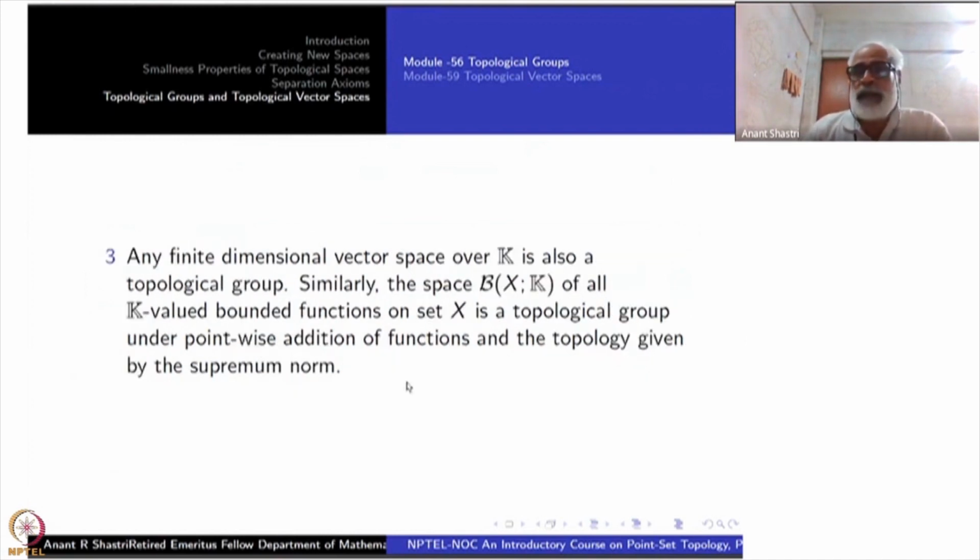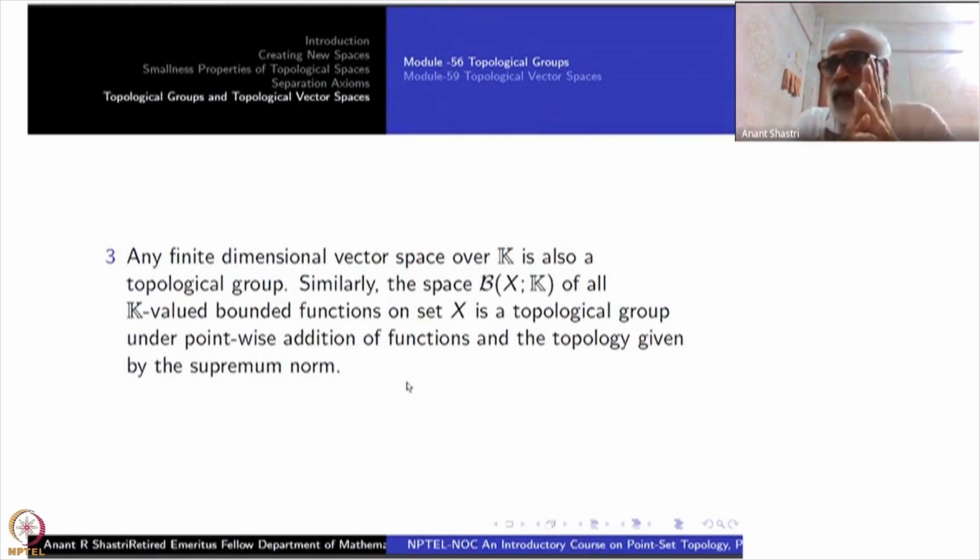Any finite dimensional vector space over K is also a topological group. I am only looking at the addition. The scalar multiplication is there, we will study them a little later. Similarly, our example, namely I told you about Banach spaces, the set of all bounded functions on X taking values in either R or C. That was a Banach algebra, right?